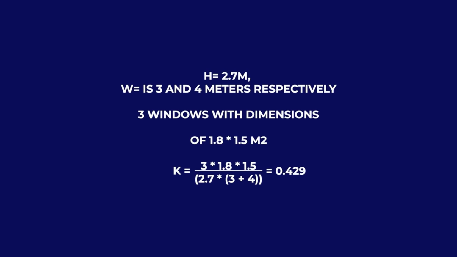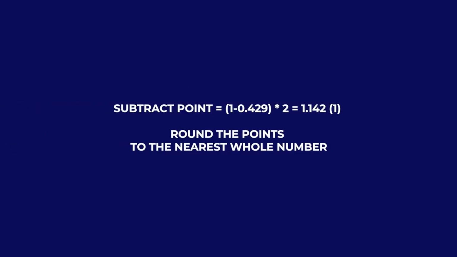Therefore, k equals 3 multiplied by 1.8 multiplied by 1.5, divided by 2.7 multiplied by (3 plus 4), which equals 0.429. Subtract points equal to (1 minus 0.429) multiplied by 2, which equals 1.142. Round the points to the nearest whole number. In this case, it is 1.